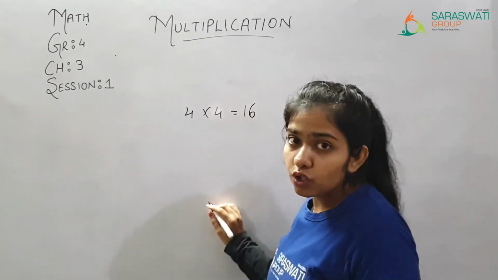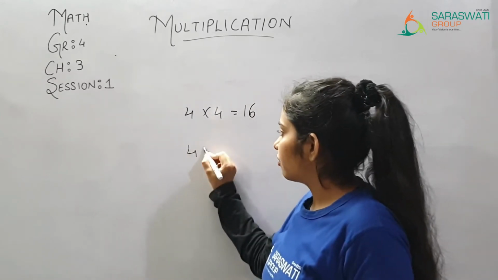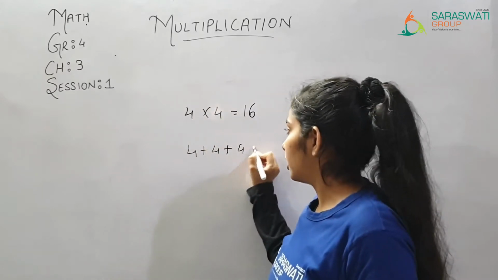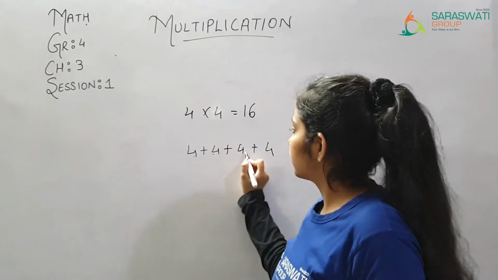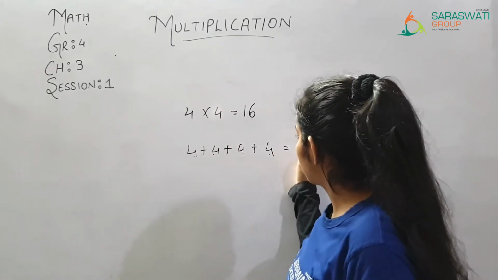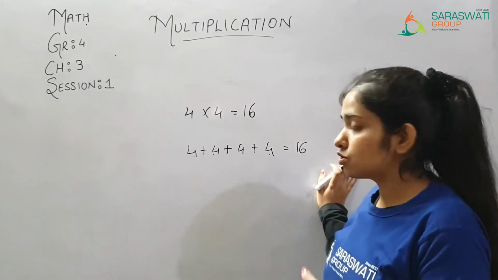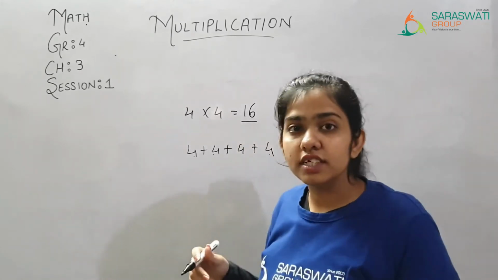But if you don't know, then you need to add 4 times. By adding 4 four times you will get the answer. 4 plus 4 is 8, plus 4 is 12, plus 4 is 16, right? In this way you are supposed to calculate. But if you know the table of 4, you will directly say 4 fours are 16.